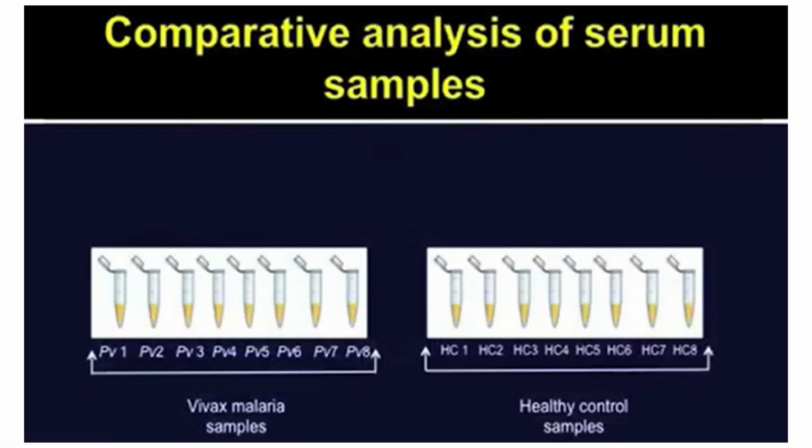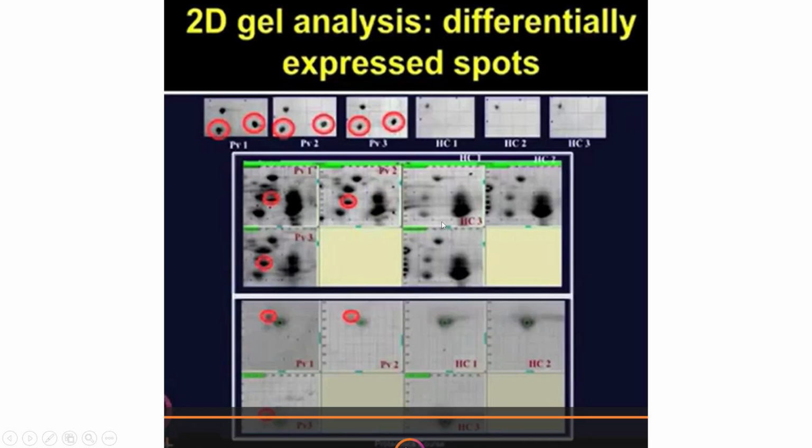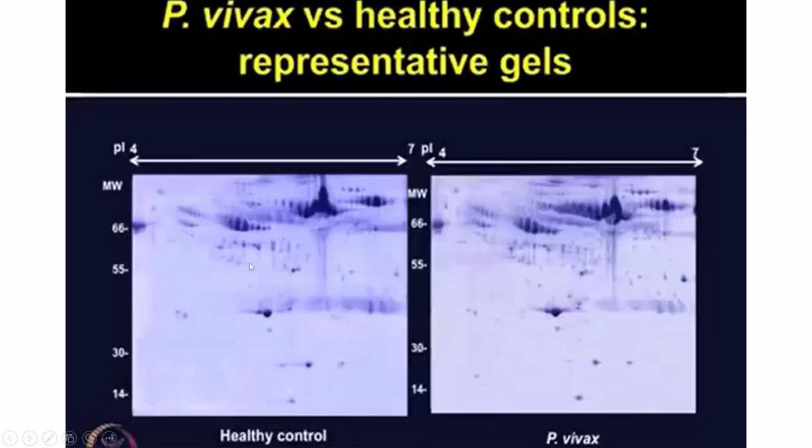So here a comparative analysis was done. So many viral and malarial samples and so many healthy control samples were taken, and the healthy control had such a kind of expression, whereas the disease one had another. Although visually we are not able to determine anything drastic here, after software analysis, differential expression spot analysis from each and every spot, it will look into each and every minute detail.